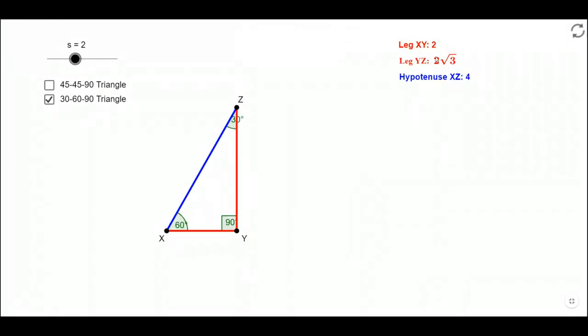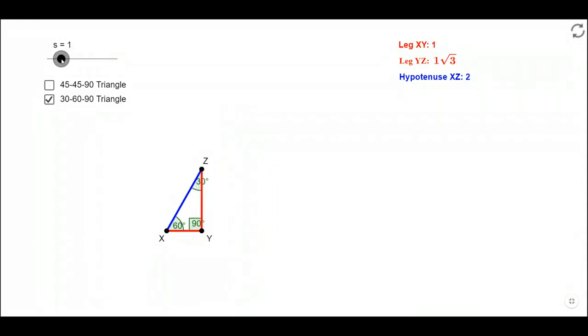I can set the smallest side equal to 1, right? So I'm using my slider here. I set the smallest side equal to 1. There you go, 1. And then my other sides are going to be root 3 and 2. That's just how the Pythagorean theorem works, right?